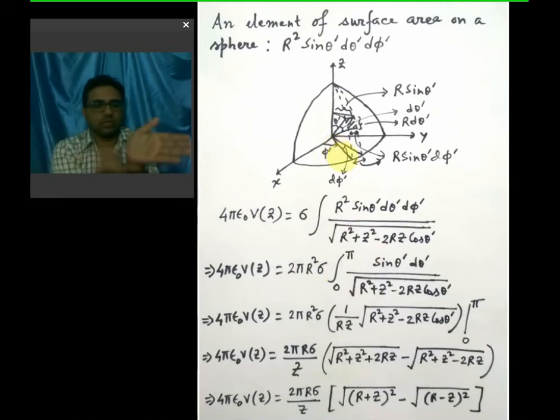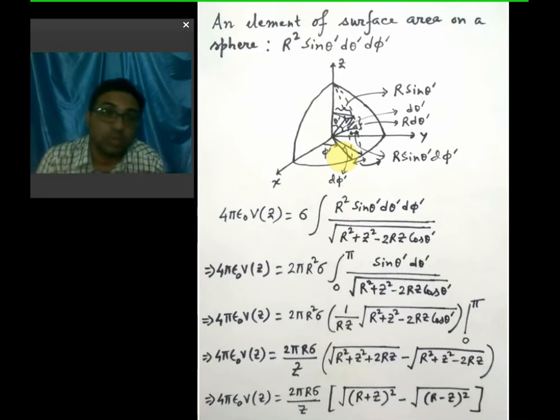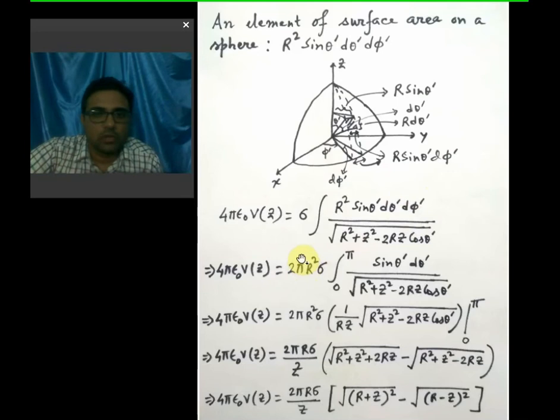So this is the xy plane, this is z. So this phi is varying from 0 to 2 pi. So if you vary this d phi from 0 to 2 pi, 2 pi will come out, right? So our phi is varying from 0 to 2 pi, that's why this 2 pi is coming out.